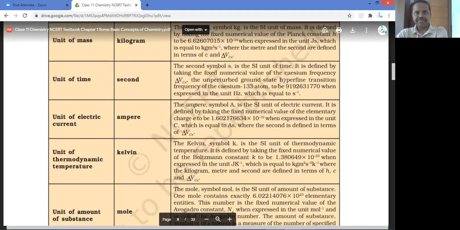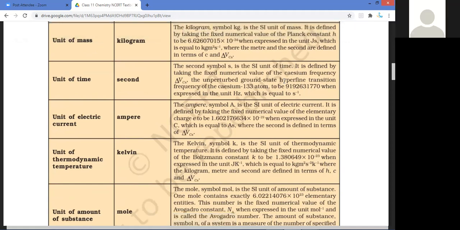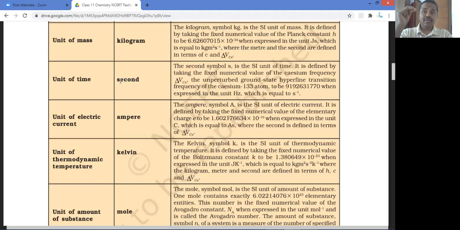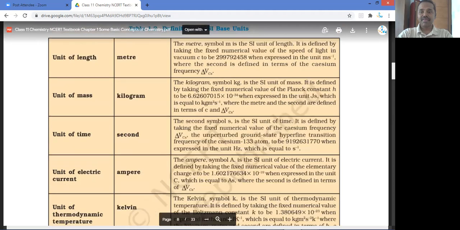Unit of time: cesium frequency, the hyperfine transition frequency of cesium, unit hertz, which is equal to 1 per second. Imagine if someone asks what is 1 second, I'll click my thumb and say this is 1 second. But to have a standard unit which all will agree to, there is a standard of measurement.